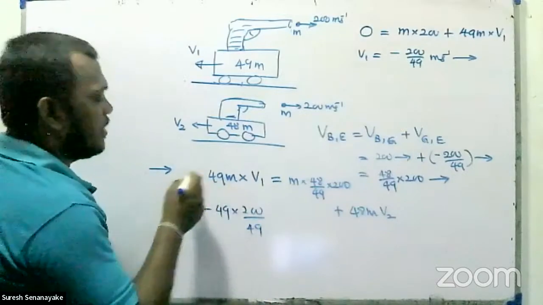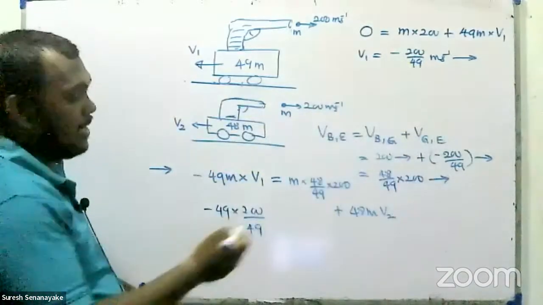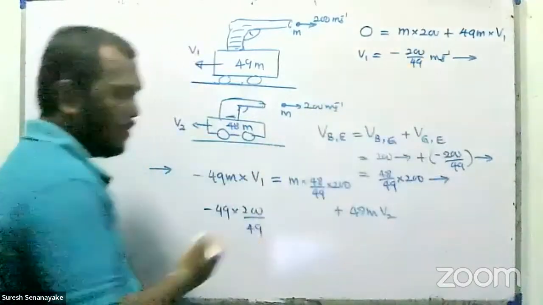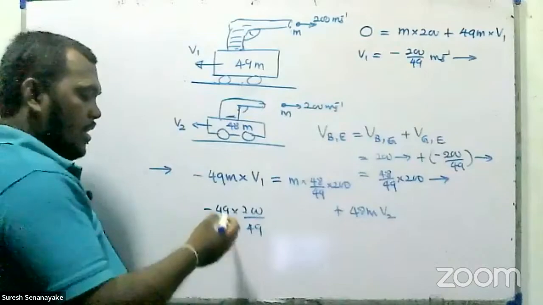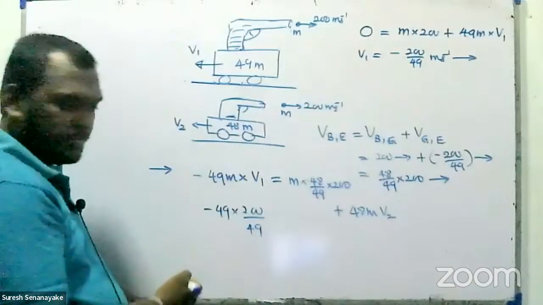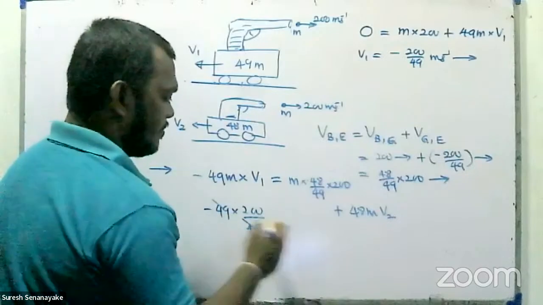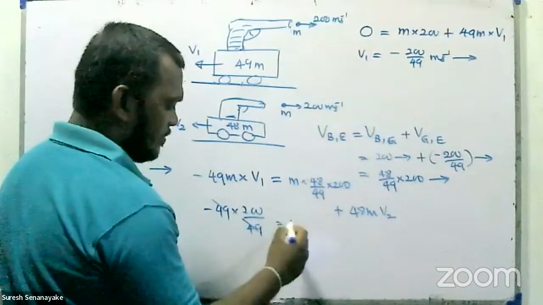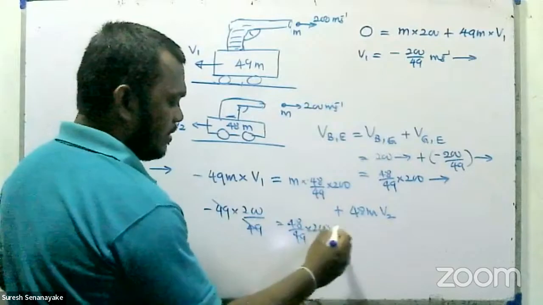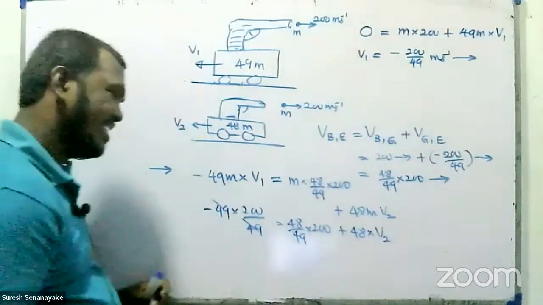I'm considering it minus because I already considered minus. We don't need to put a minus sign there, right? The mass cancels there. This 48 over 49 into 200 is 48 V2.